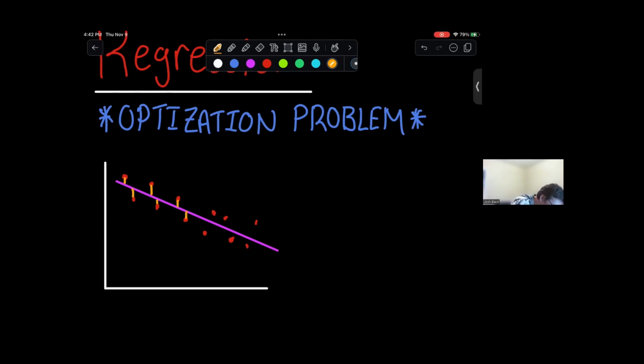These lines are the errors between my model that I drew and my actual points. If I had one point that's up here, well, look at that. That is a huge error. But for the most part, these errors are pretty small.